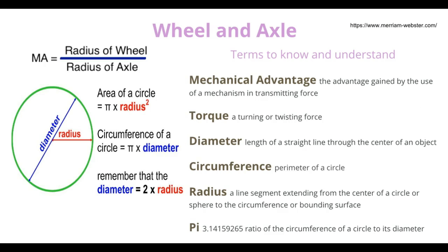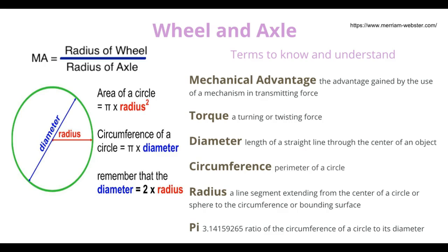There are a couple of terms that we need to know as we're going through this series, and as we're learning about our wheel and axle and other simple machines. We're going to apply these same principles to our other simple machines. One of the main things that we want to understand, the reason why we use simple machines, is because they actually allow us to gain mechanical advantage.